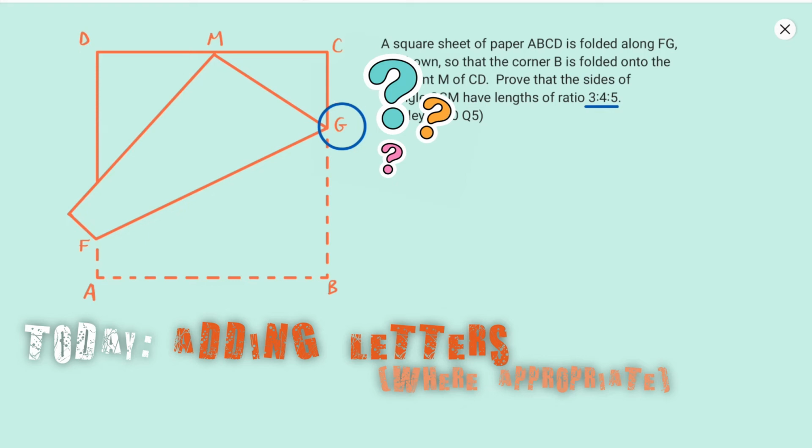Is it the midpoint? There's no way of telling. What we can tell is that M is the midpoint. This one here is definitely, because it says in the question. And so we can just give that particular length a letter, which would be useful to use. We'll give this top length between M and C the letter x, but x will now represent any halfway point around the edge of this square.